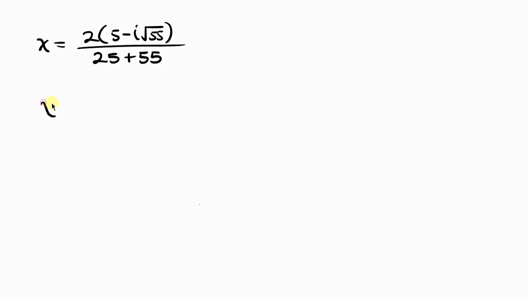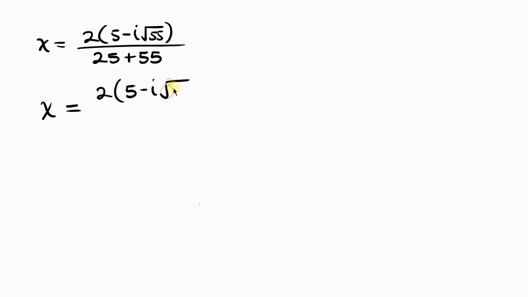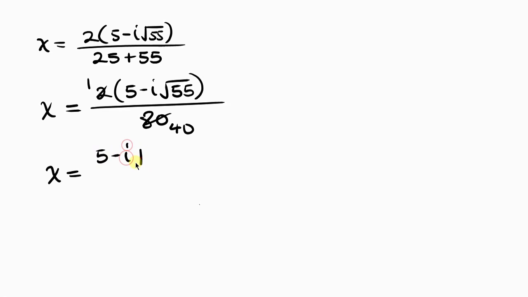So x now becomes 2 times 5 minus i root 55 all over, now 25 plus 55 is 80. Very good. Now 2 here, 2 into 80 is 40, making the final value of x to be 5 minus i root 55 all over 40.